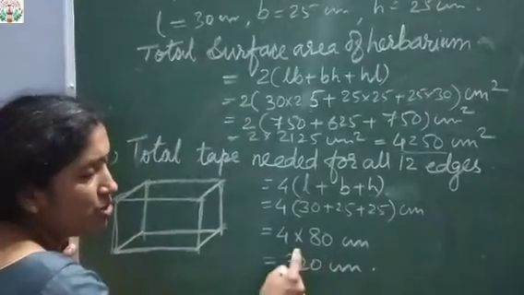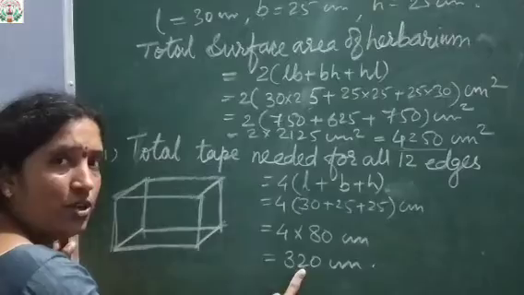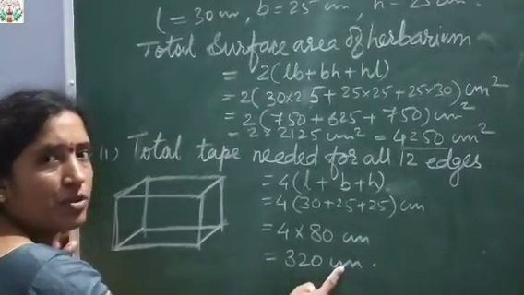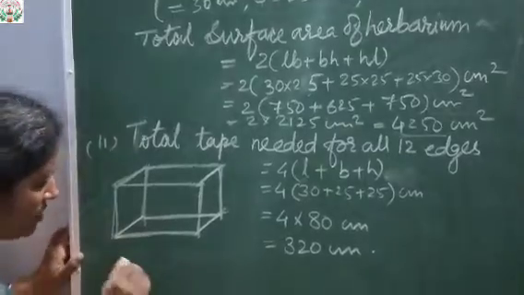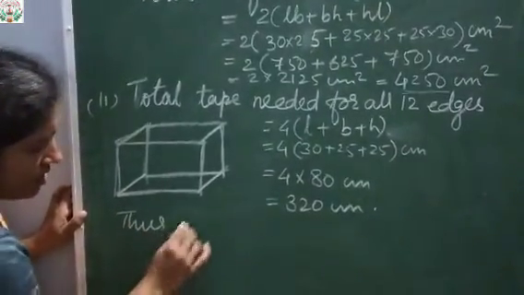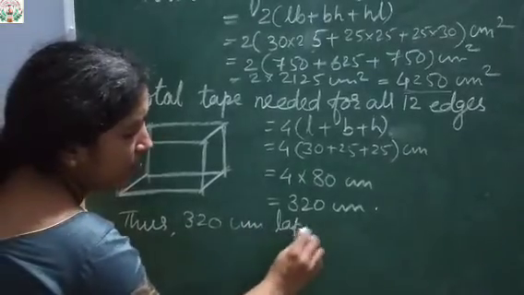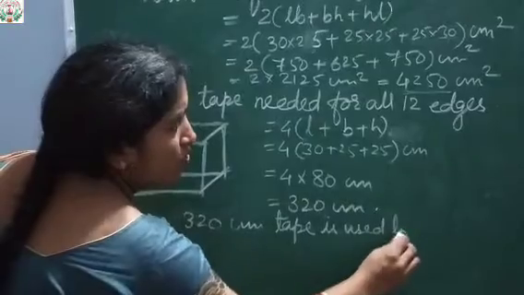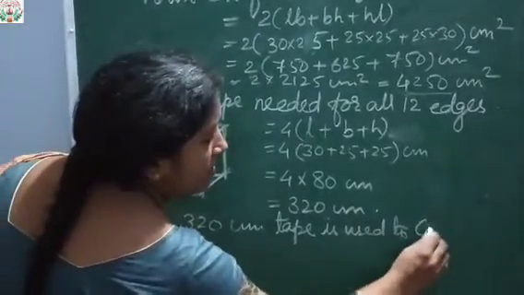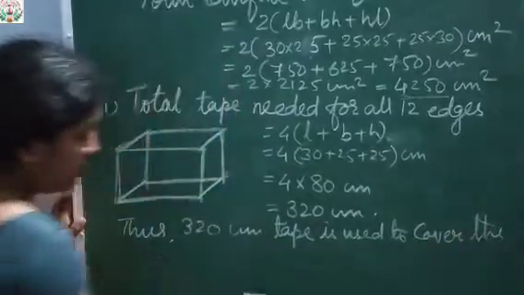So that equals, on multiplication of these two, 4 eights are 32, so 320 cm. Okay, so 320 cm length of tape. Thus you can write: 320 cm of tape is used to cover the herbarium.